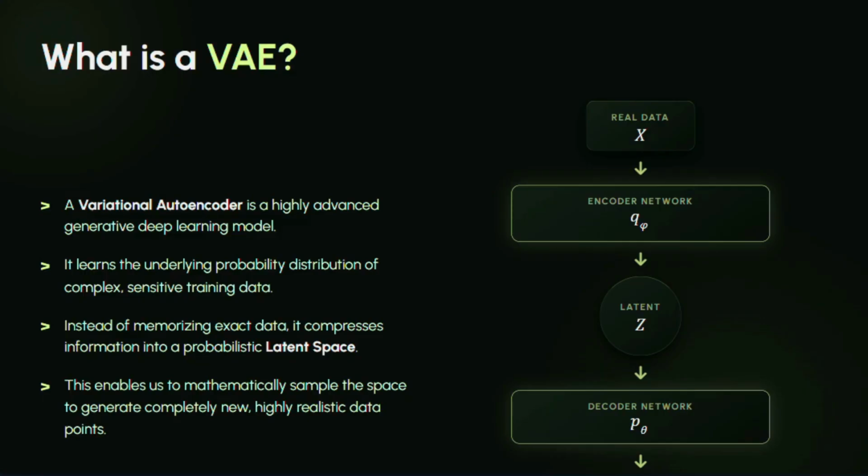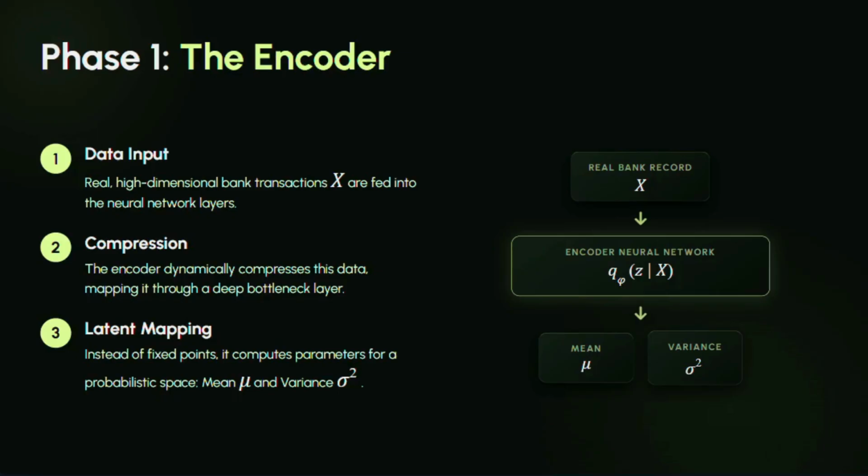This is important to know because it is based on probability. It learns the underlying probability distribution of complex, sensitive training data. And then, instead of memorizing exact data, it compresses information into a probabilistic latent space. Then, it uses the information in that latent space to reconstruct new data.